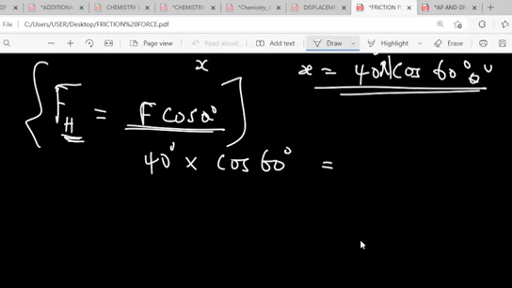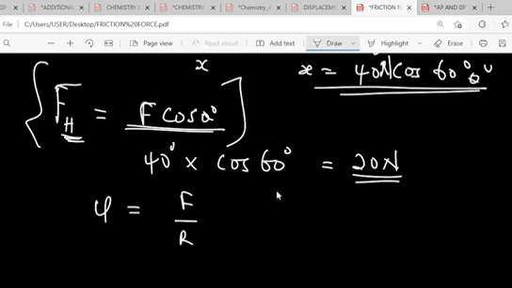Or from the formula, I think you get 20 newtons. So this is the frictional force. Now for kinetic, we are saying F over what?